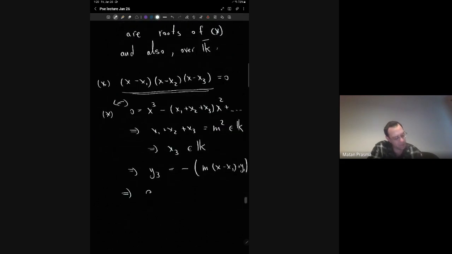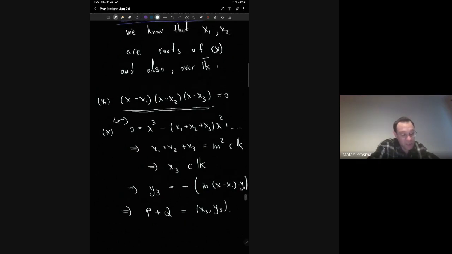So p plus q is defined as (x3, y3). Okay, and this is valid in any field.